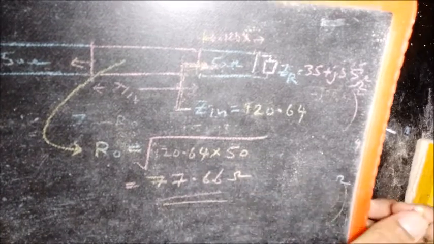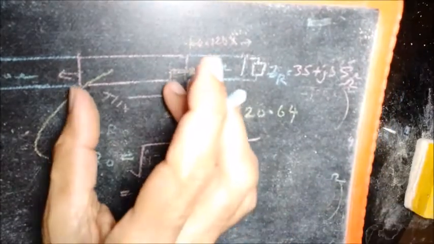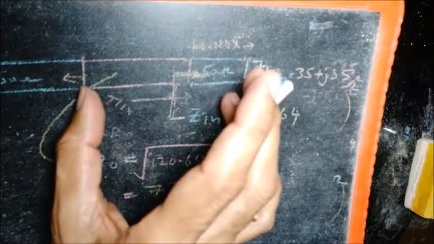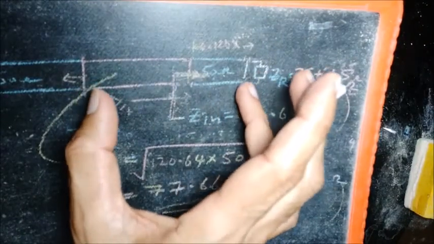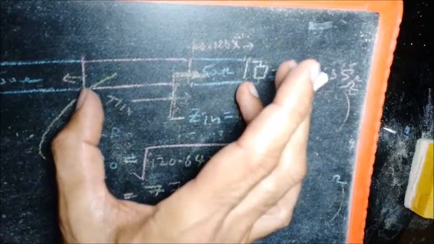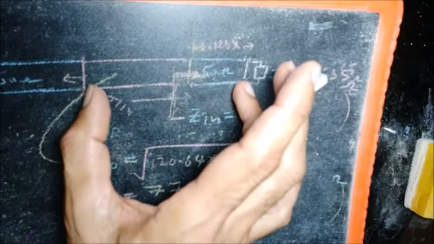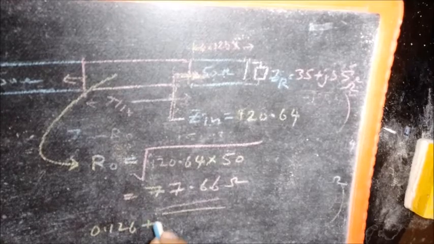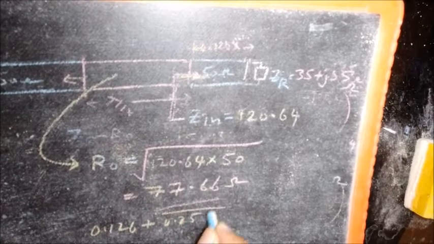And you can also see what is the length. This is lambda by 4, this is 0.126 lambda. So the total length between the patch antenna and the transmission line to which you are going to connect it is 0.126 lambda plus 0.25 lambda.